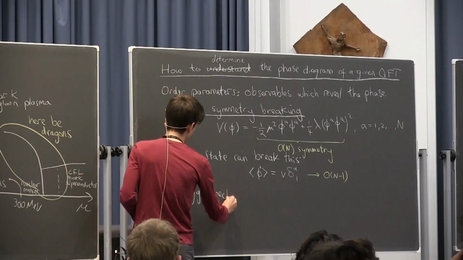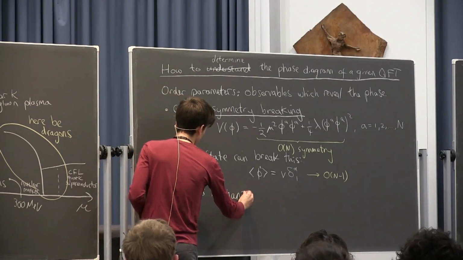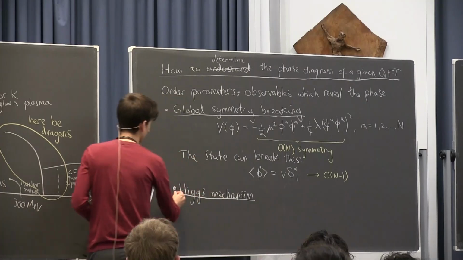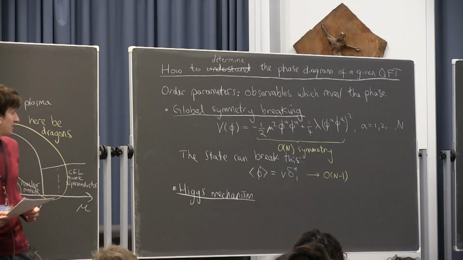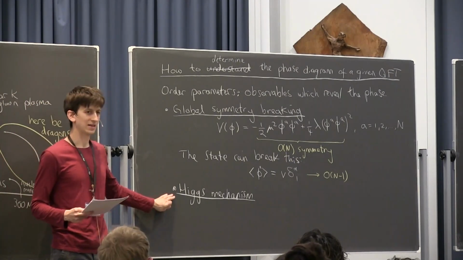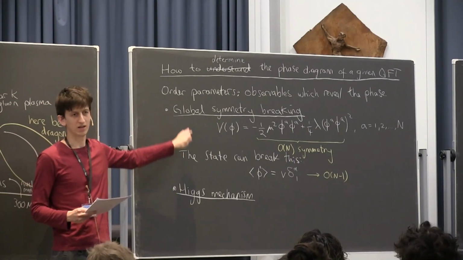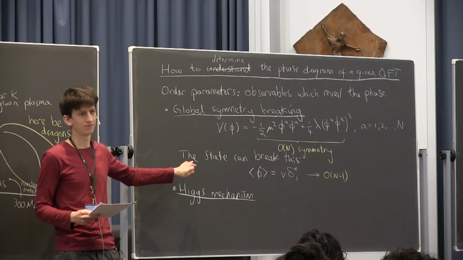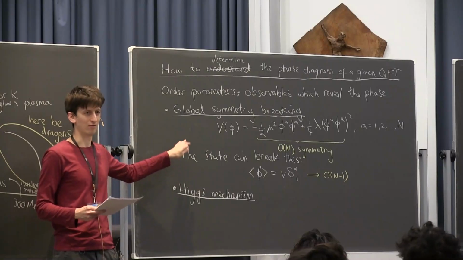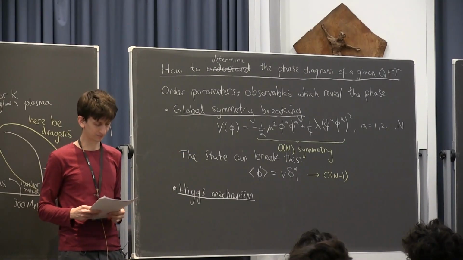How about the Higgs mechanism? So in gauge-fixed perturbation theory, which is how we normally learn the Higgs mechanism, the story is pretty much the same. At weak enough coupling, we have what looks like a global symmetry breaking.